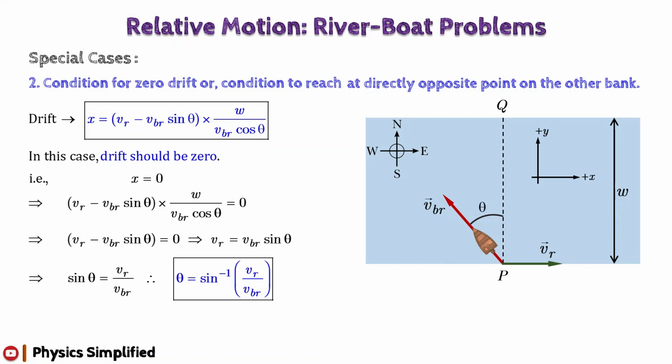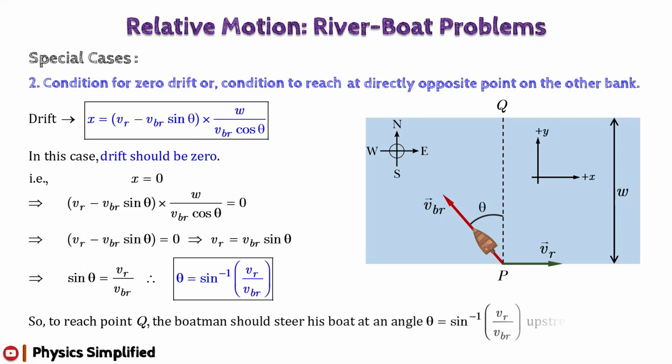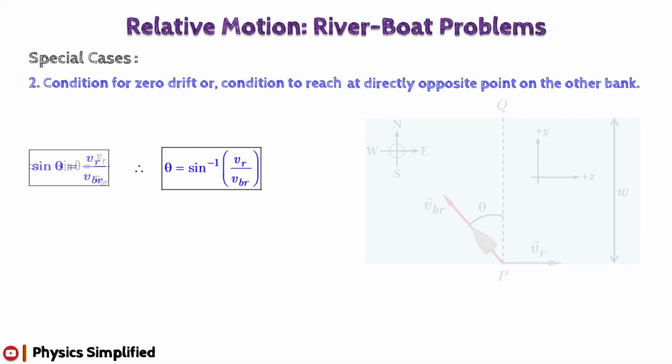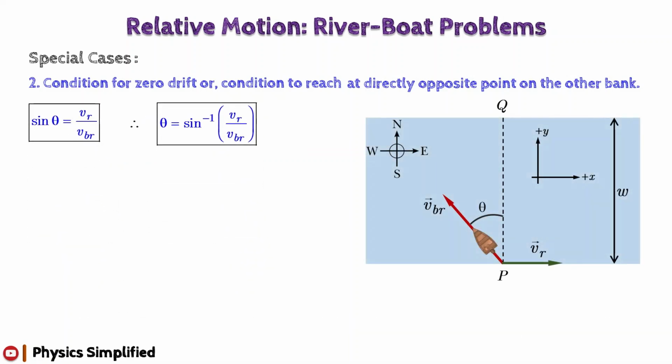So, if the boatman wants to reach at point Q on the other bank of the river, which is just opposite of point P from where he started, he must steer his boat at an angle theta given by sine inverse of v_r divided by v_br from the line PQ upstream. Let us try to find out what will happen if the boatman steers his boat at an angle theta to the line PQ upstream.